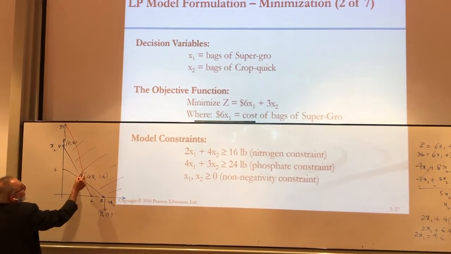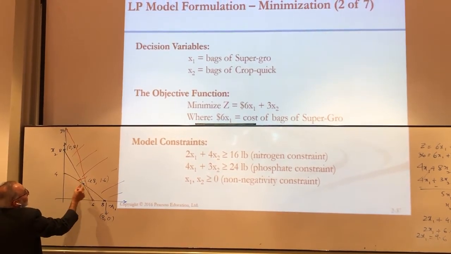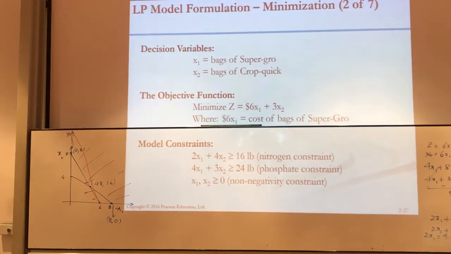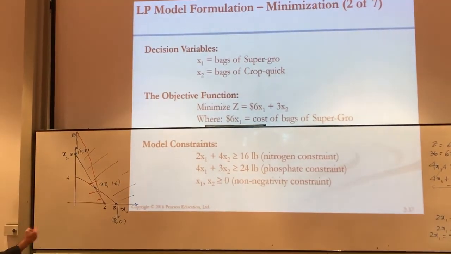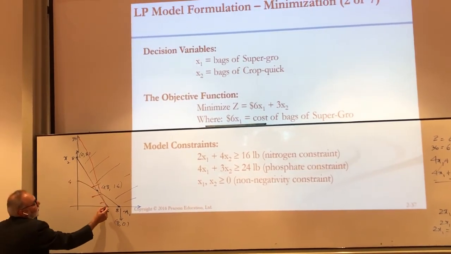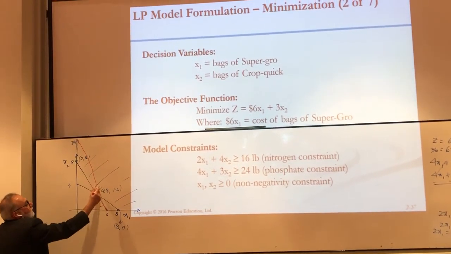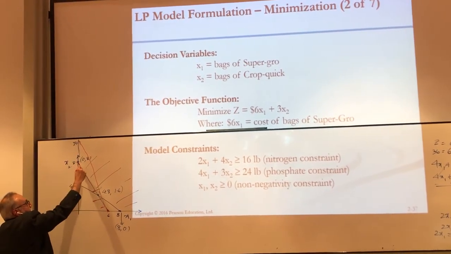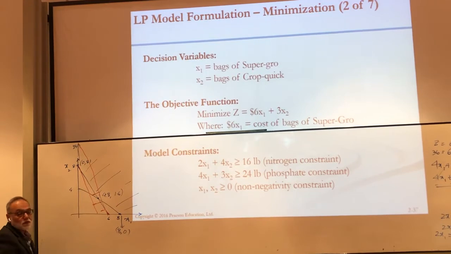Now you have to move this line towards the origin, and the last point hit will be, okay, this point is same. The last point hit will be this one.